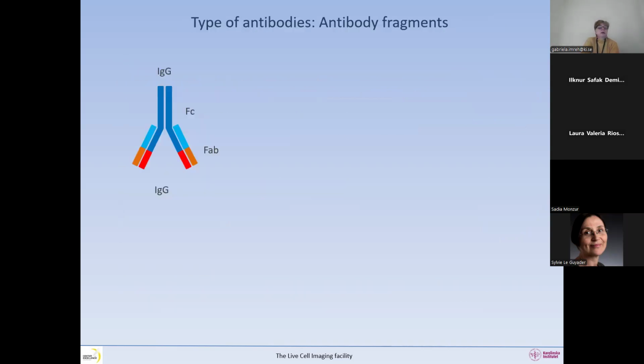Another type of antibody: in contrast to the whole IgGs, IgG antibodies can also give rise to antibody fragments, or can be used as antibody fragments when we are incubating the antibody with different enzymes.